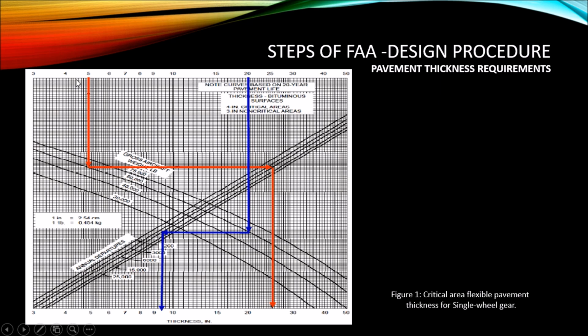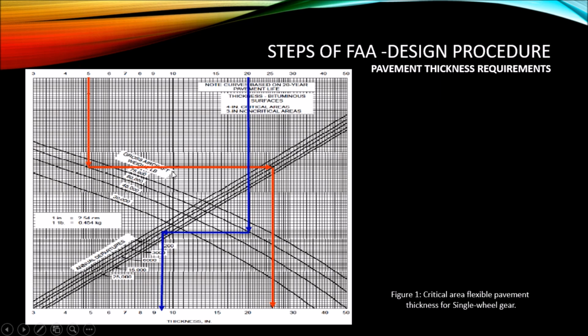So if the CBR is 5, and also having in mind the gross weight of the aircraft, these lines that we have here show the gross weight of the aircraft. And the other ones we have, going this way, are for the annual departures. You can see for the annual departures, we have 25,000, 15,000, 6,000, 3,000, and 1,200.